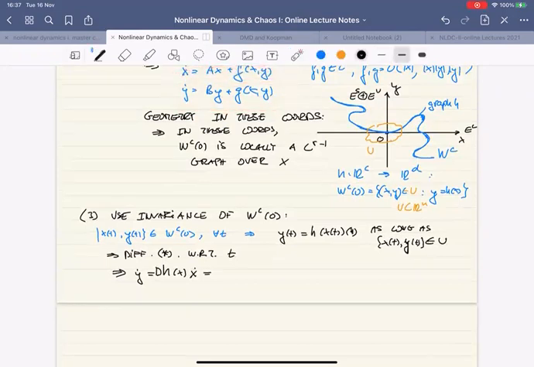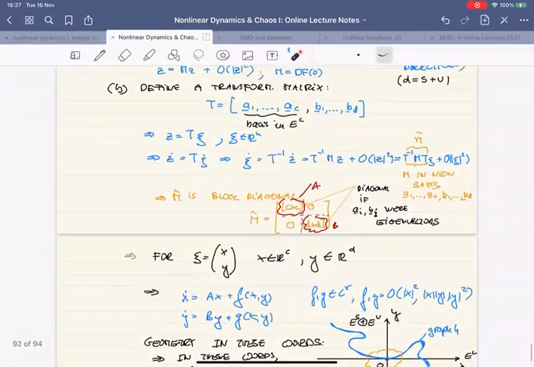So as a result of that, I can write that this is dh of x. And now I use the differential equation, x dot equals Ax plus f(x). And then instead of y, again, I'm using the fact that this is not true for any solution. This is not what I wrote here when I was talking about this operation.